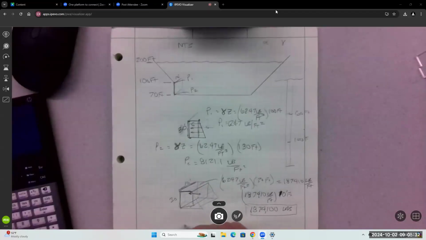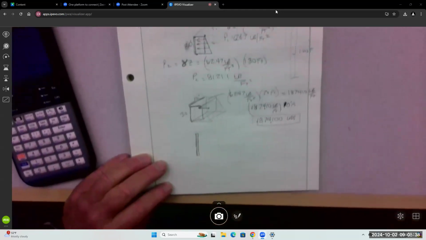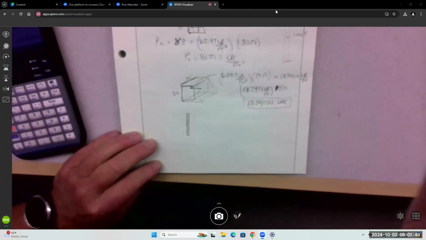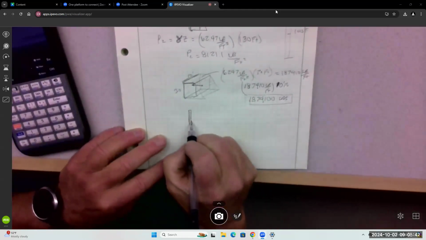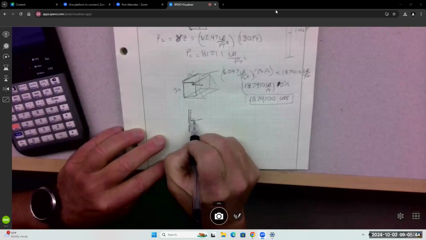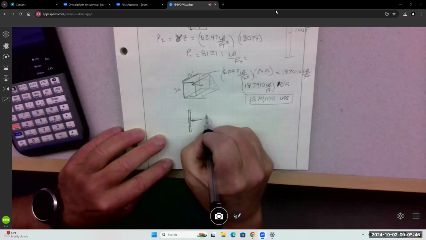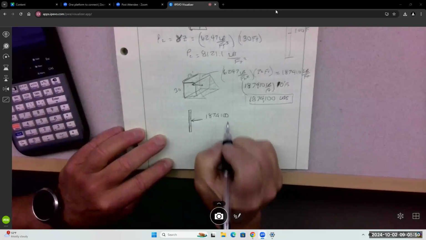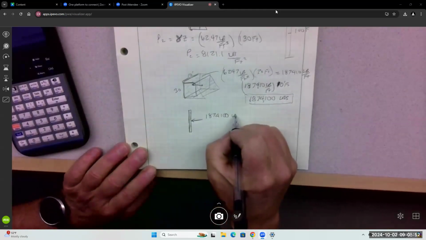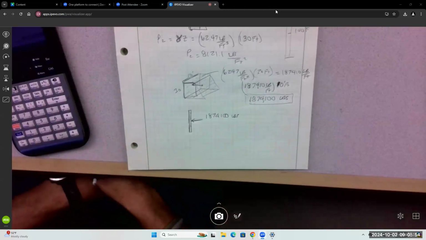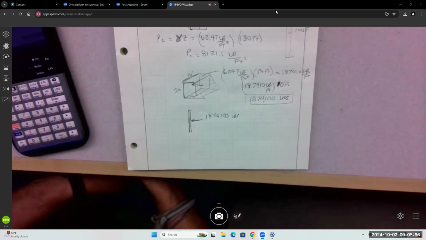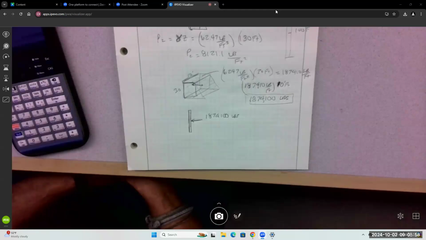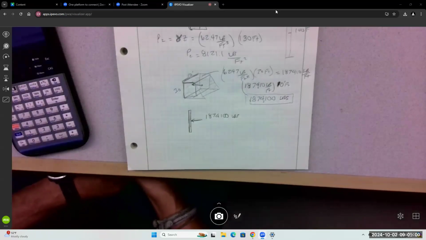So if I go back to my side view, it's right here in the center. Now we have to do the triangle. Triangular volume.